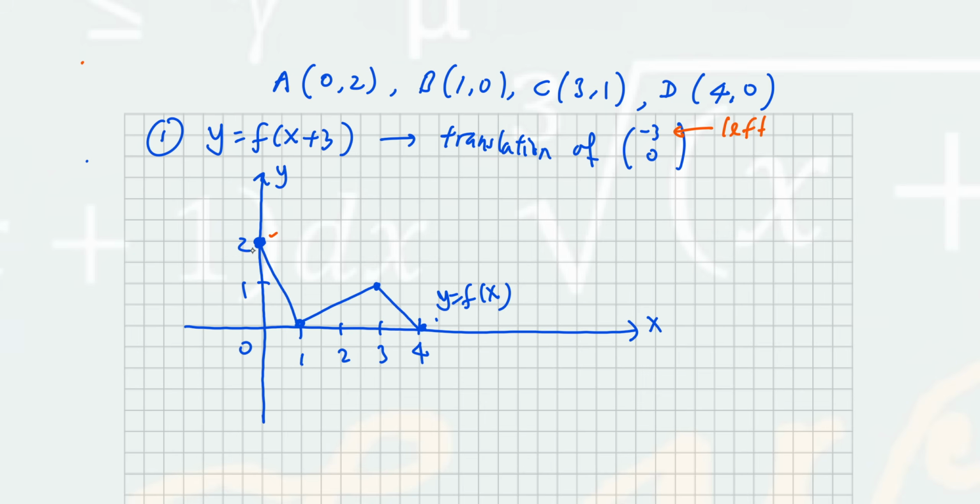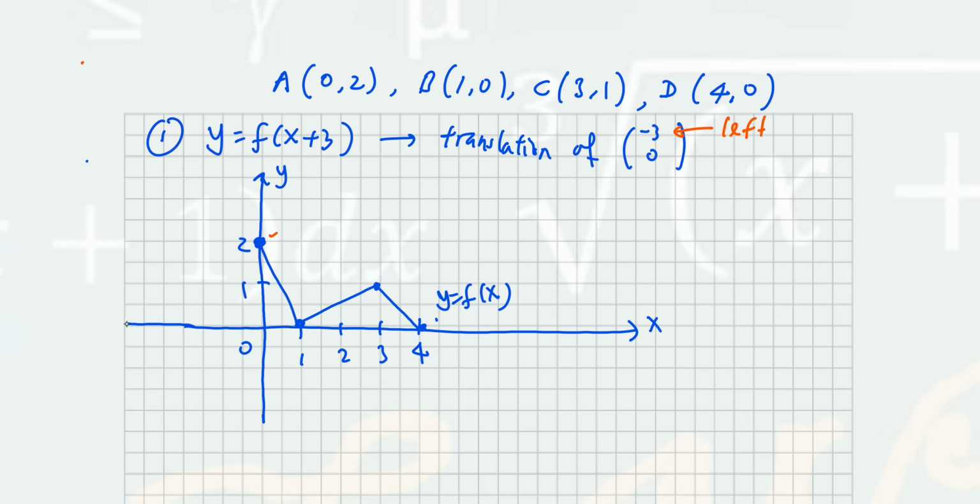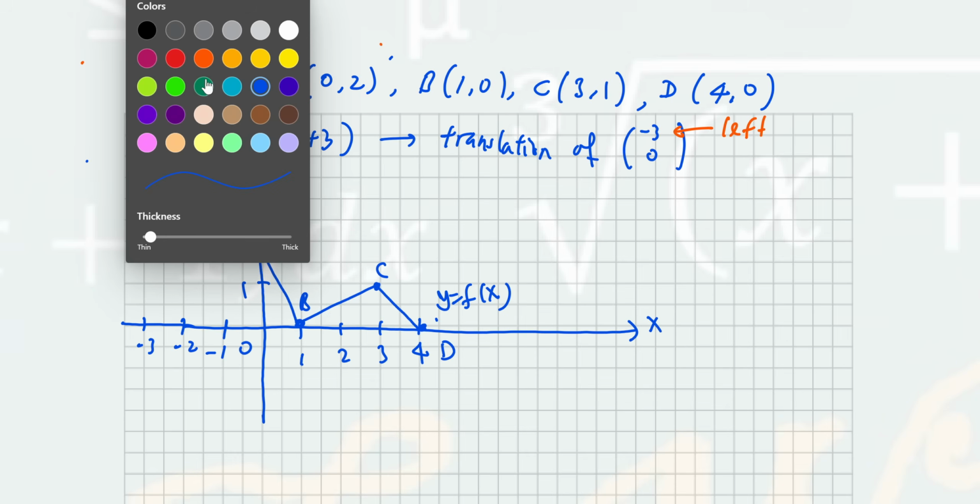Let me label this: minus 1, minus 2, minus 3. I start with this point, my A, and move 1, 2, 3. Let's say I label here A, B, C, and D. Then this is my A prime.